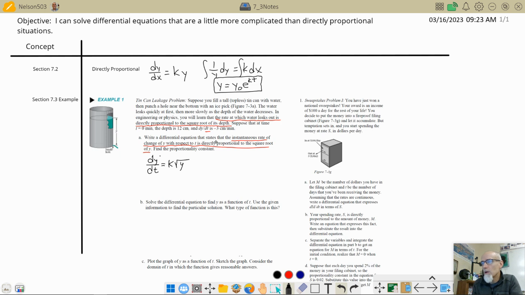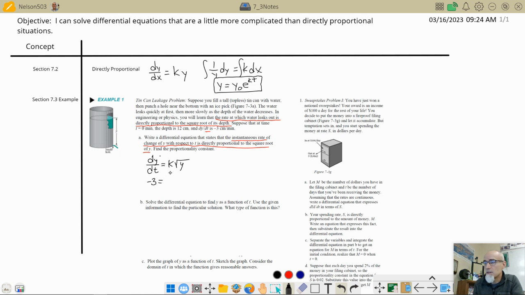Now it says find the proportionality constant. Okay, so right up here it says that at time 0, the depth is 12, and the rate at which it's leaking out is -3 centimeters per minute. So I'm going to put the -3 in for the rate. This one's a little different than we did in section 2, because we're finding one of the constants right now before we separate the variables and take the antiderivative.